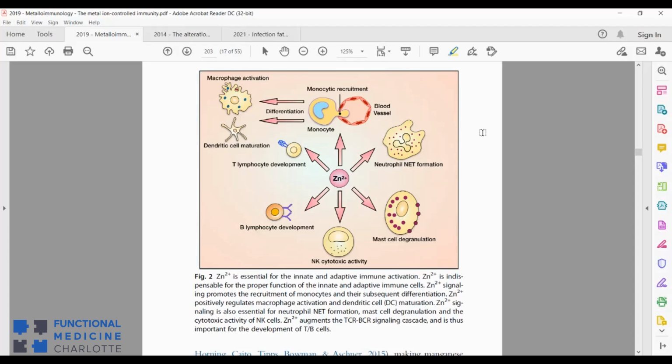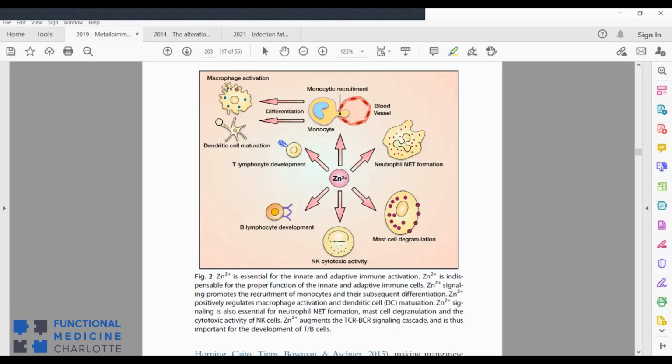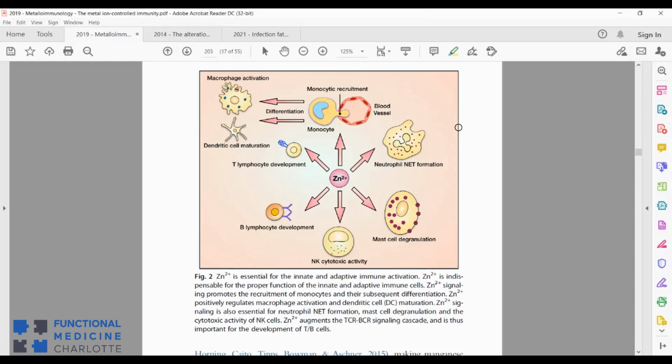It's going to engulf it or eat it, and then it's going to present it to a dendritic cell. And that dendritic cell is that kind of weird spider-looking cell right there in the upper left. The macrophage presents it to the dendritic cell, which then hops into the blood or the lymph system and goes to a lymph node and presents the fragment of the bacterium or the virus.